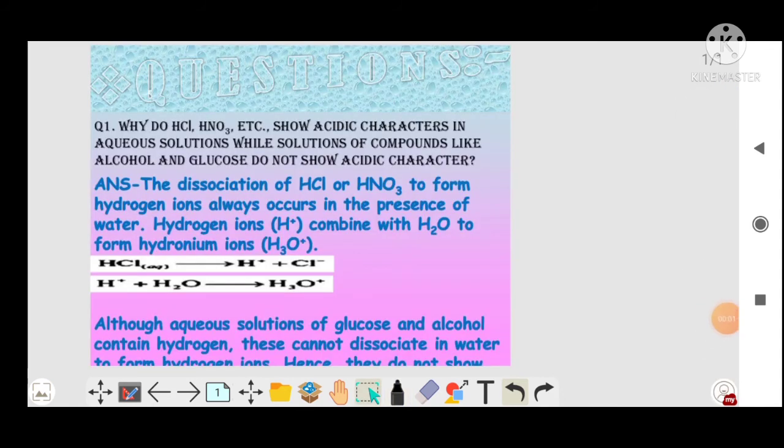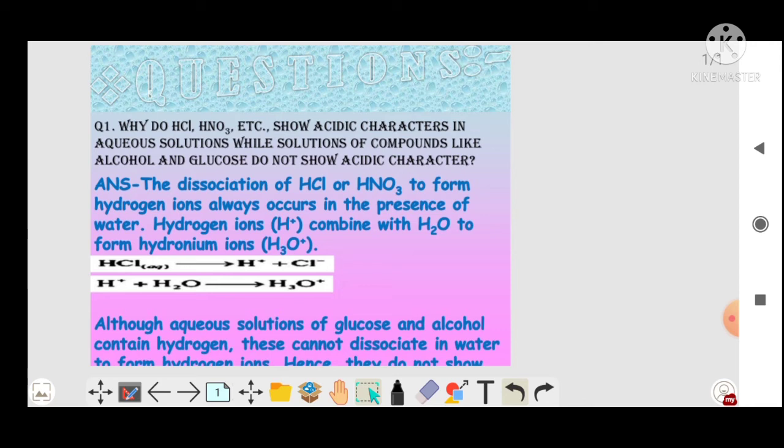Now, question number 1. Why do HCl, HNO3, etc. show acidic character in aqueous solutions, while solutions of compounds like alcohol and glucose do not show acidic character? Answer. In the case of HCl and HNO3, in the presence of water, dissociation occurs. Dissociation of HCl or HNO3 to form hydrogen ions always occurs in the presence of water.